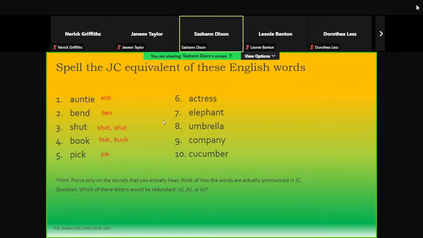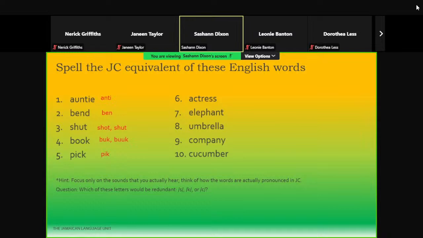Okay, great. All right, so I have at least one option for each. I'm hoping I didn't miss anything. Auntie was the pronunciation you were working with for number one. Pretty straightforward. If we remember our short vowels, A, E, I, O, U, then we shouldn't have any issues. Auntie.